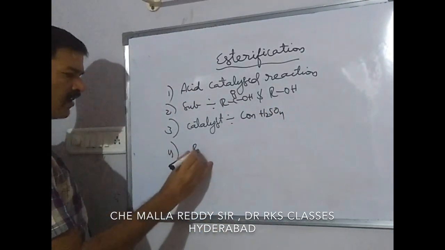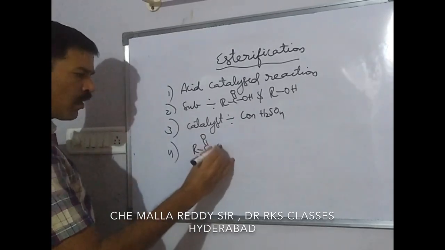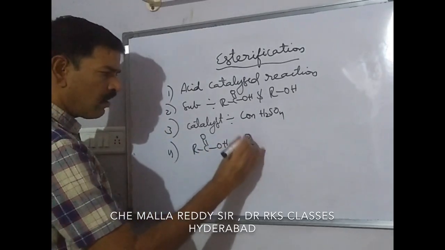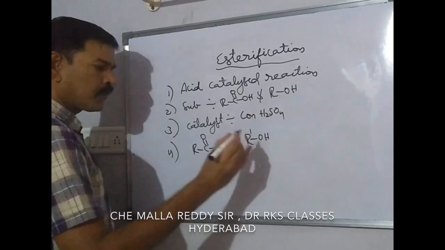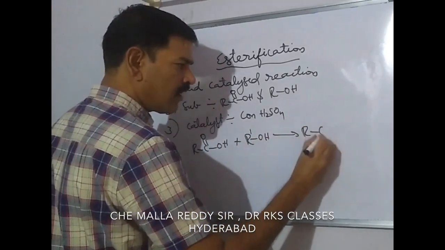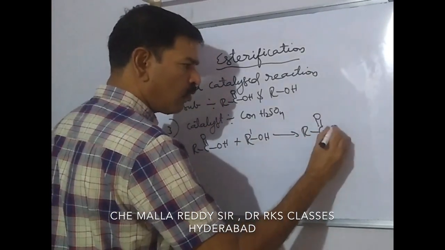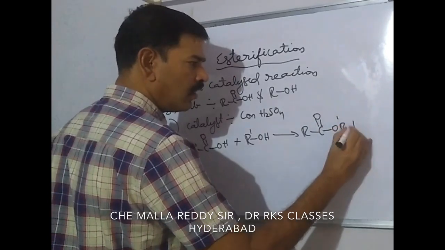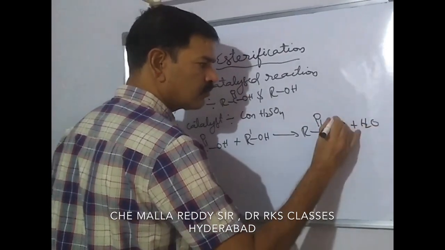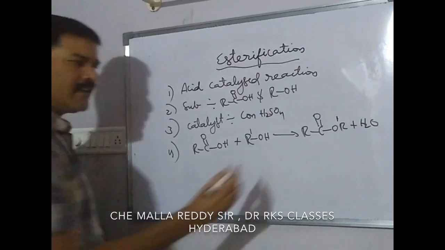Reaction: RC double bond OH plus R dash OH forms the ester RC double bond OR and H2O. This is the ester.